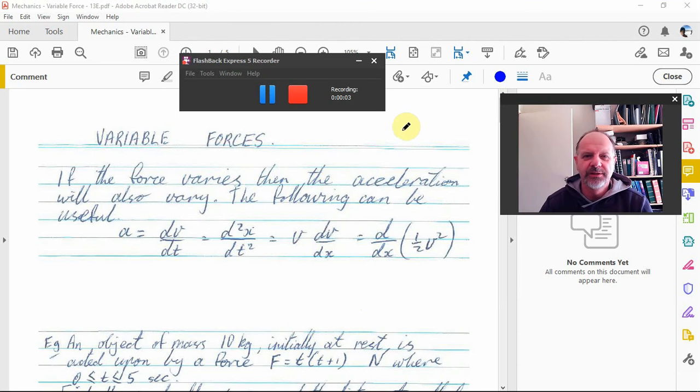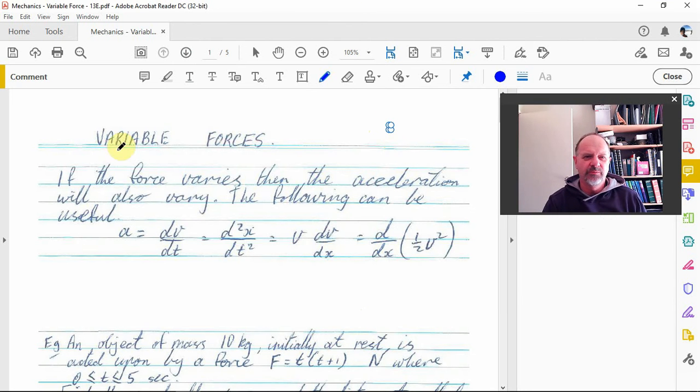Alright, so today we're looking at what we term variable forces. So again, remember Newton's law that we're looking at, the resultant force is equal to ma. So if we've got a force that varies, then we're going to have an acceleration that varies as well.